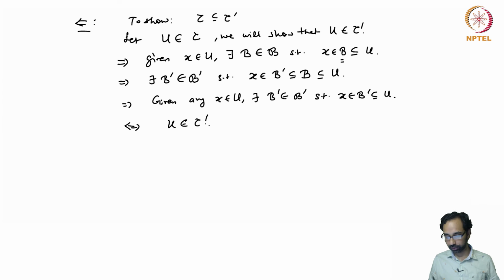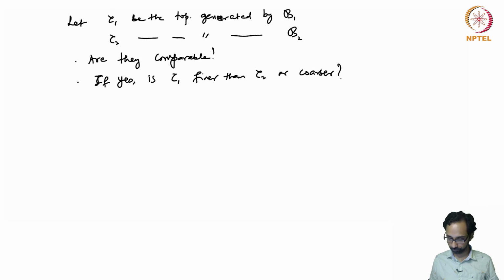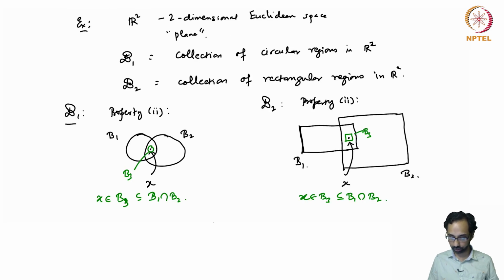So now that we have this nice criterion to determine which one is coarser using the basis, let us go back to the example of B1 and B2 that we defined for circular regions and rectangular regions, and try to use this theorem to show which one is coarser than the other.